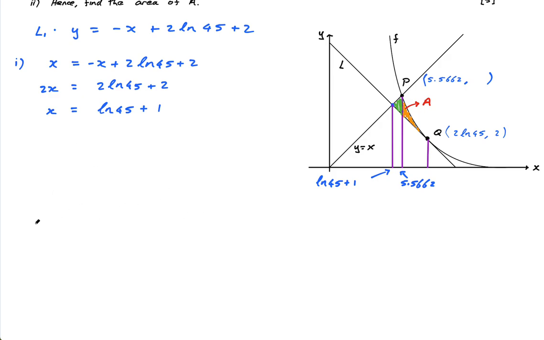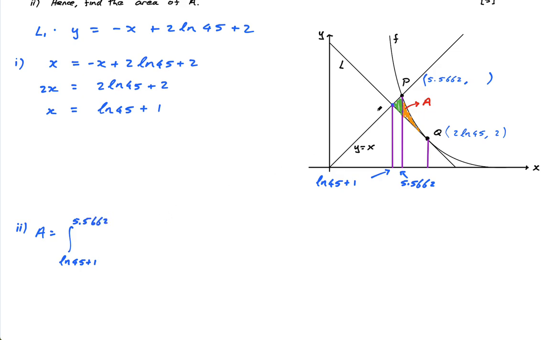I'm going to do it down here, guys, because this is going to be a big integral. It's the integral from here to here, so your lower limit is ln 45 plus 1, and your upper limit is 5.5662.